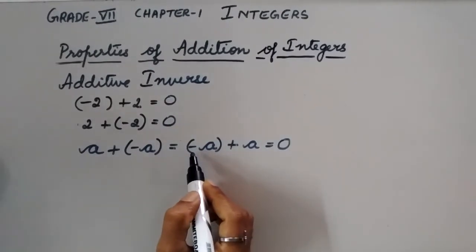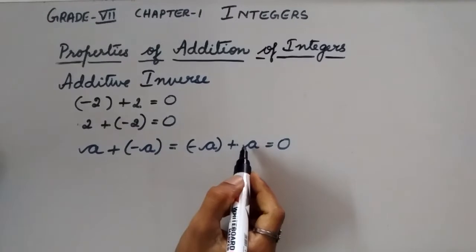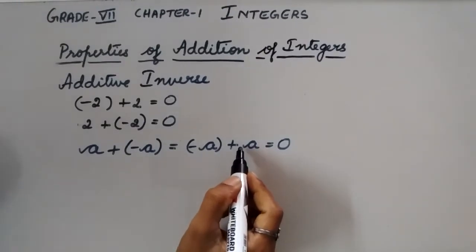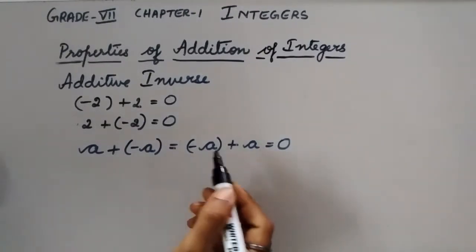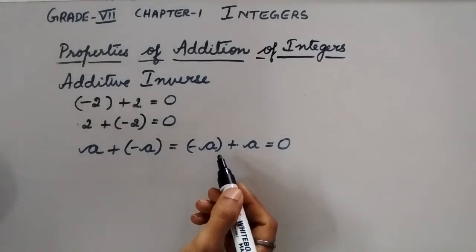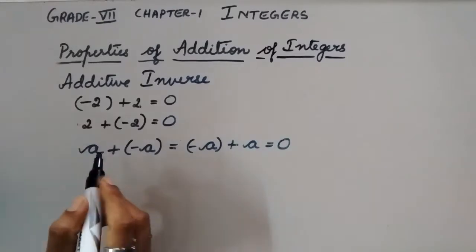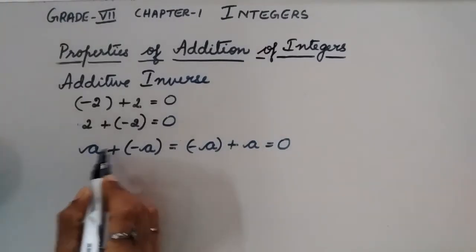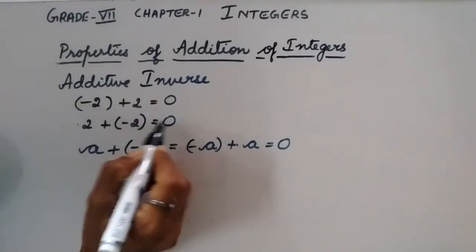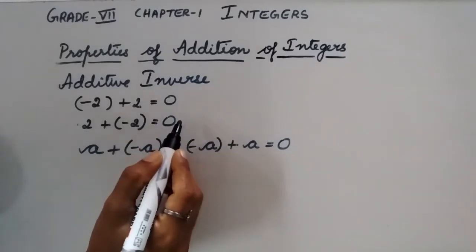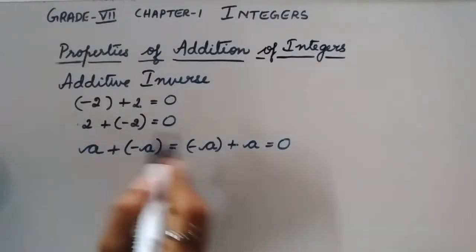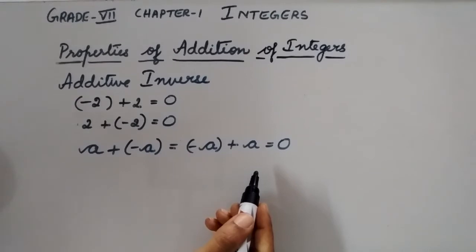Same way, we can say that plus a is the additive inverse of minus a. Is this clear? That is, if the sum of two integers is 0, then both are additive inverses of each other.